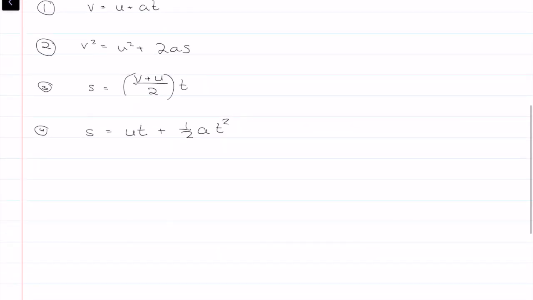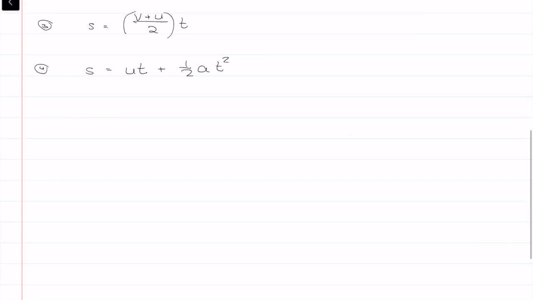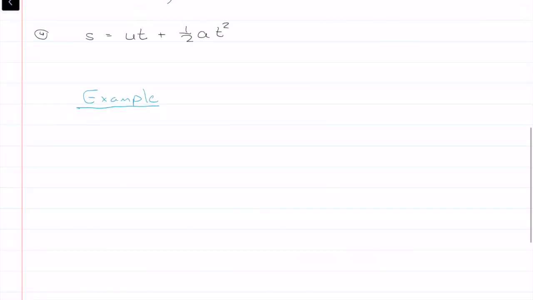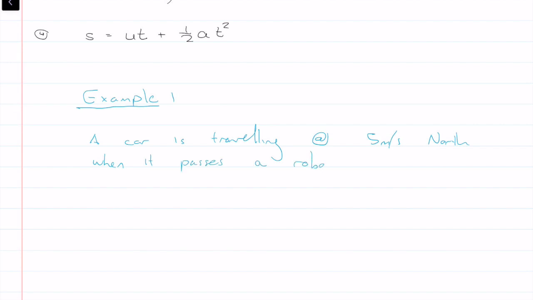Let's do examples in blue. The first example is probably going to be a very basic example. Example 1: let's say a car is traveling at 5 meters per second north when it passes a robot.